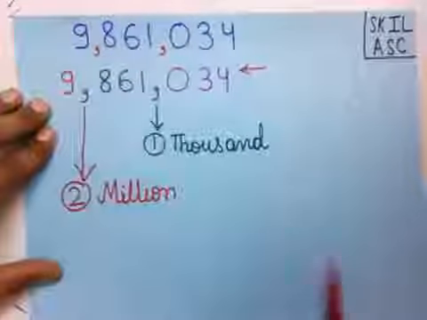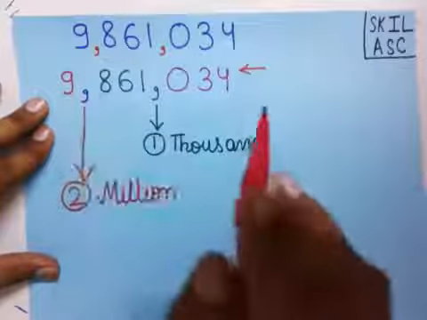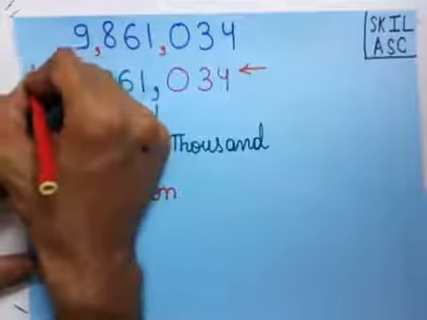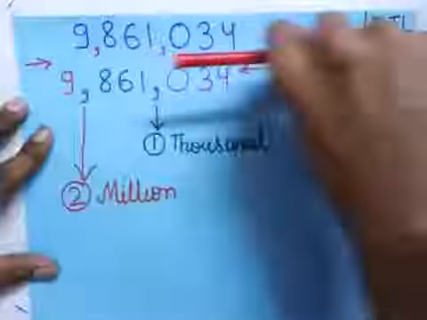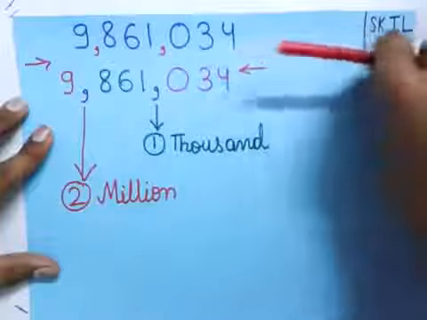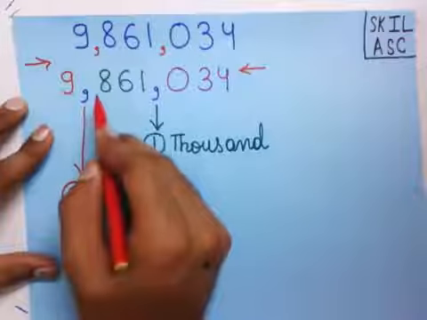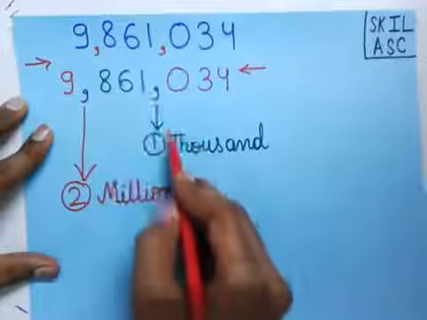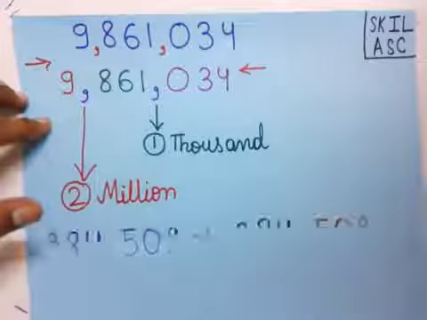Then we read it as 9 million. You must remember that we should read from this side to that side, in this direction. So 9,861,034.